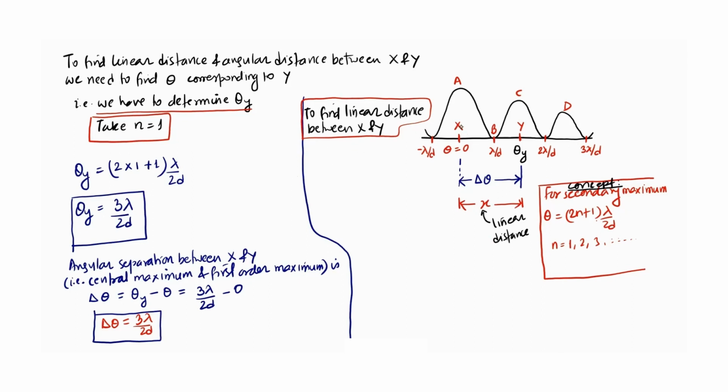Now, since x corresponds to central maximum, for y in the diffraction pattern, we are going to use this equation, d sine theta equals 2n plus 1 lambda by 2, and we use this concept, sine theta is x by d.